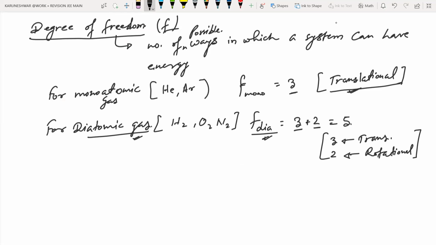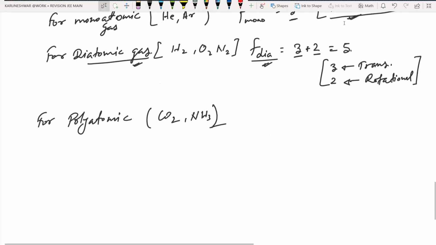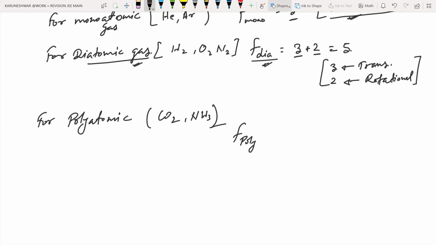Now we have polyatomic. For polyatomic type, we have CO2, NH3, this kind of thing. If the gaseous molecule is polyatomic, then the degree of freedom will be 5, if it is supposed to be a linear molecule.